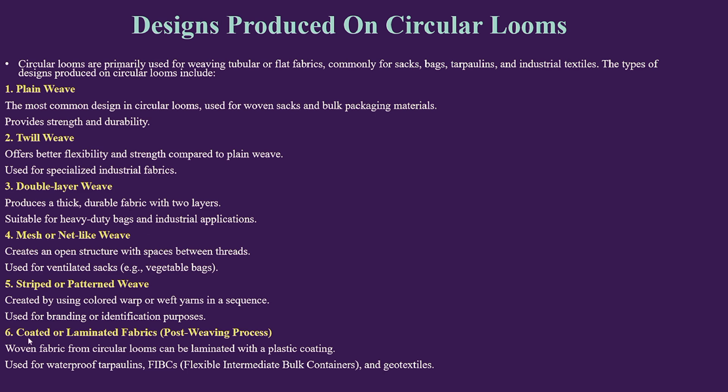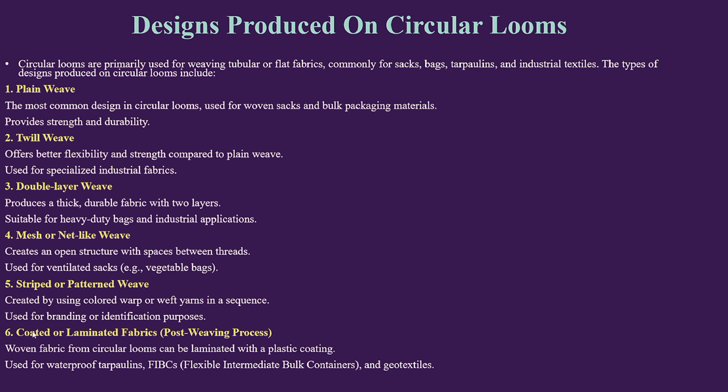Sixth is coated or laminated fabrics, a post weaving process. Woven fabrics from circular looms can be laminated with plastic coatings used for waterproof tarpaulin, flexible intermediate bulk containers, and geotextiles.